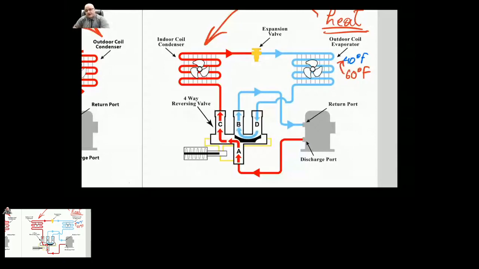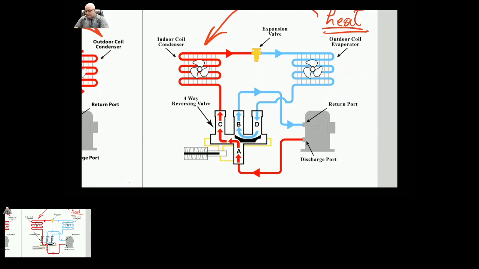You can't. The outdoor temperature should be higher. So can you use a 40 Fahrenheit evaporator temperature? No, because in the winter you're not going to have higher temperatures than that. So if you're doing any heat pump design, your heat pump evaporation temperature should be lower than the outdoor air temperature.